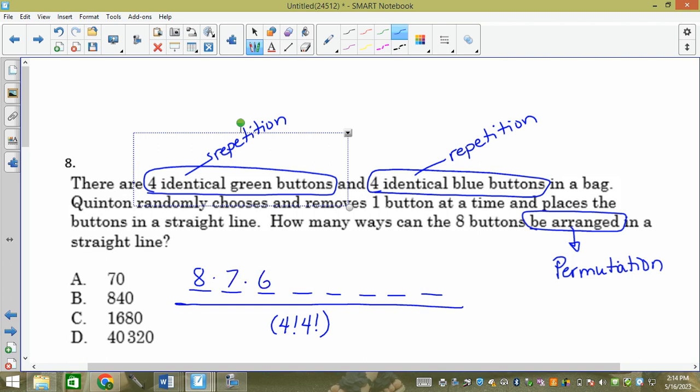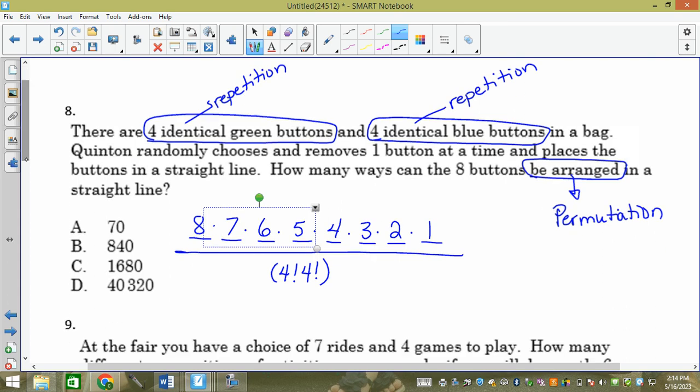Then? 6. The moment I put them in fundamental counting principle, the moment I start putting them in blanks, that is a permutation. Remember? So if you know something's a combination, don't go drawing blanks. And how much does this get you? A, B, C, or D? 70.